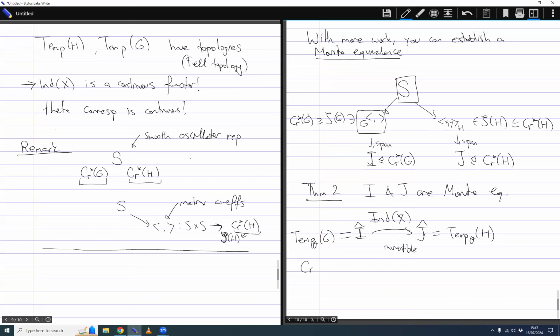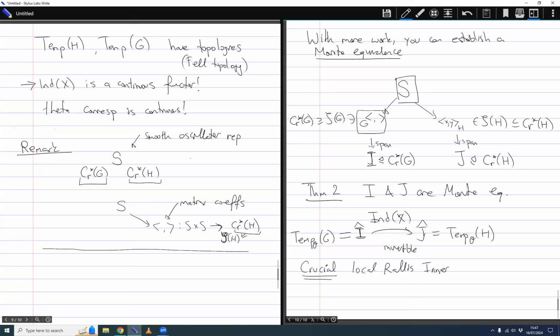And there's a crucial input here, which I probably wouldn't have managed to find if I hadn't been in touch with Wee Teck Gan, and he mentioned a result of his that looked like it could be used for this purpose. It's a local Rallis inner product formula. You know the Rallis inner product formula, the global one relating the Petersson norms on the two sides.